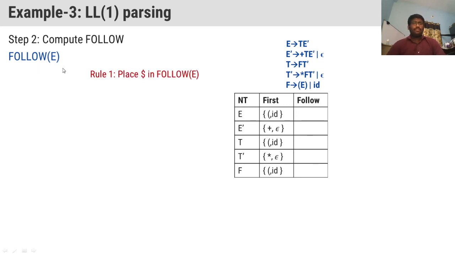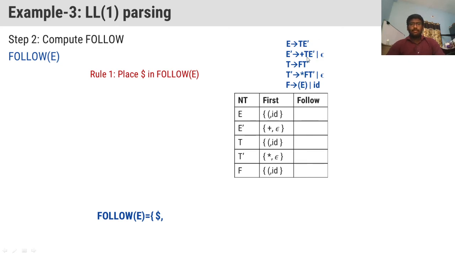Rule number 1: if any symbol is a starting symbol, then we need to place dollar in the follow of that particular symbol. So follow of E equals dollar. Once it is over, we will find out whether capital E is present on any right hand side productions.